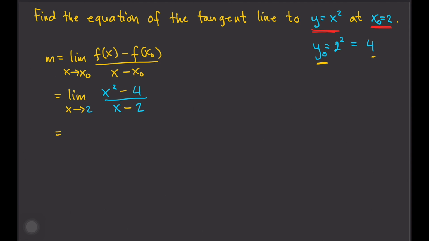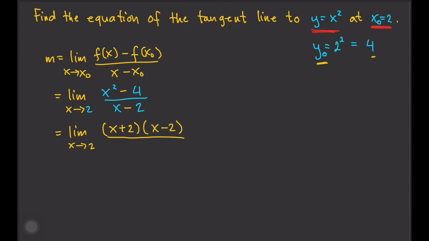Well, we've learned that because our numerator is a difference of two squares, we can write it as x plus 2 times x minus 2. You can check that this is correct.